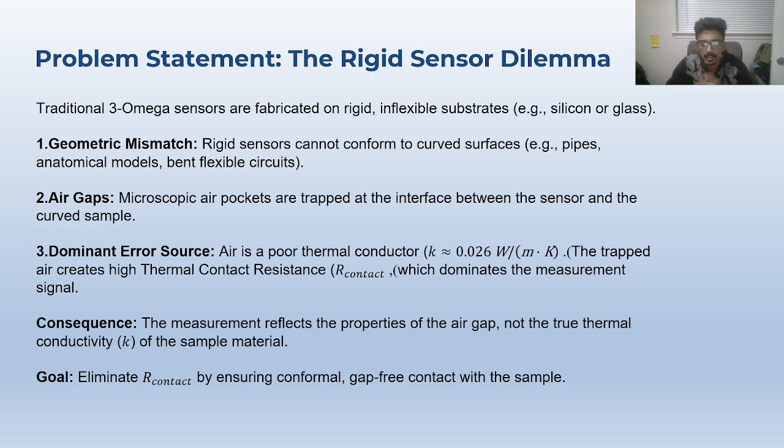As we can see, the conductivity is 0.026 watt per meter Kelvin. That's very low, so the trapped air messes up the measurements. The goal for the project is to eliminate the contact resistance by ensuring gap-free contact with the sample.